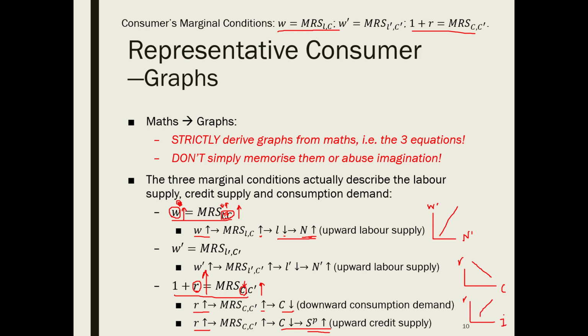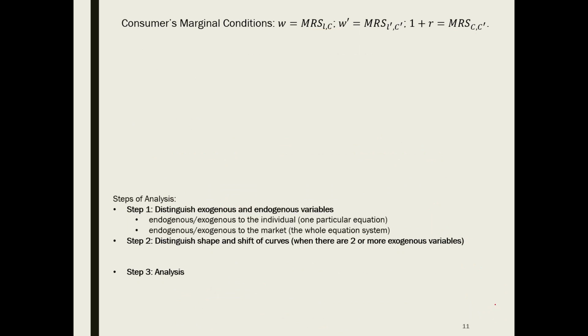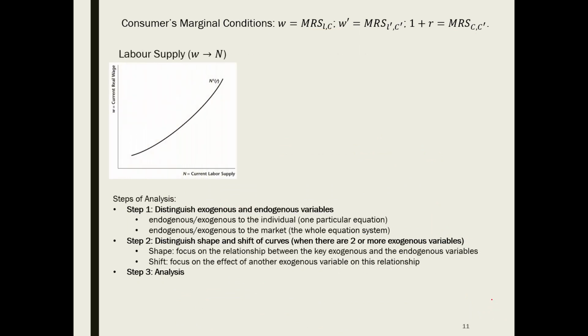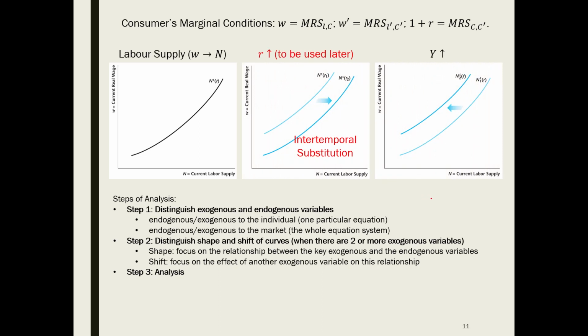We have seen that the shape of the labor supply curve is positively sloped, which can be derived from the intratemporal condition. We also derived the shapes of the consumption demand curve and credit supply curve, which are not shown here. I would like to give another important example of graphical analysis.